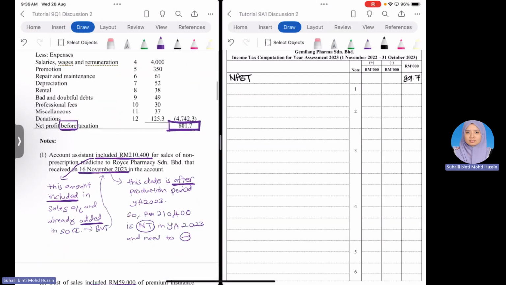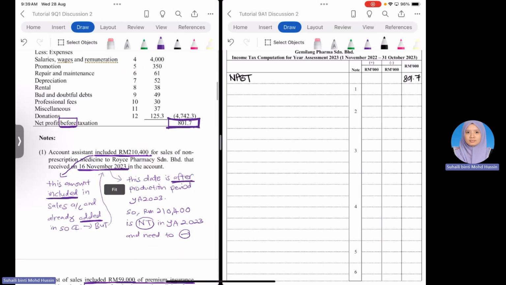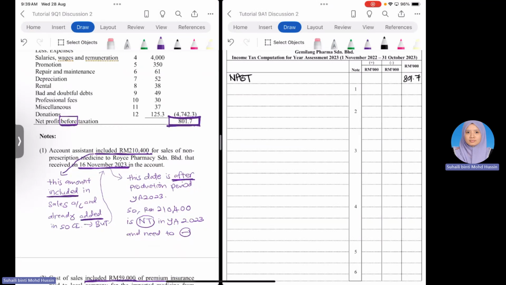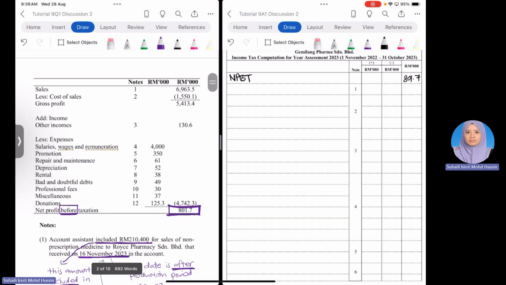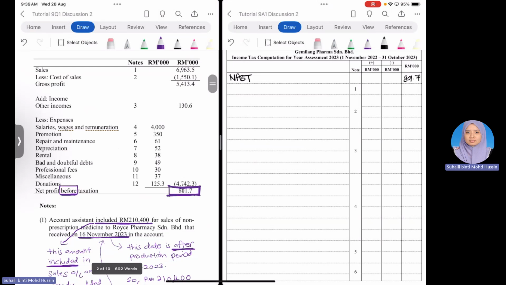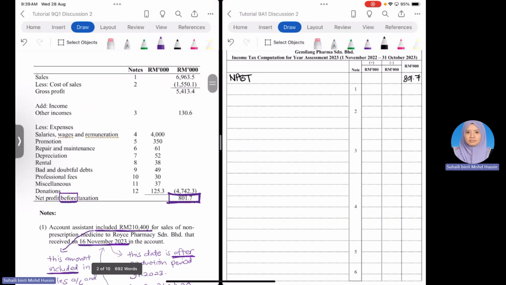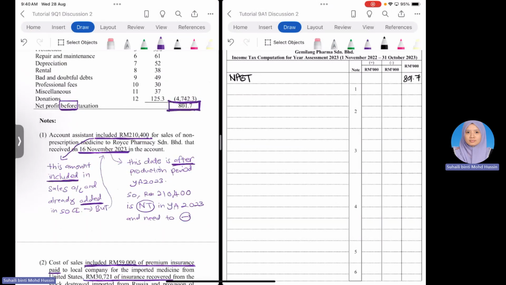It mentions that in this 6,963,500, you include the amount of 210,400 ringgit for the sales made to Royce Pharmacy, but this sale is made out of the production period. This sale happened after your production period.